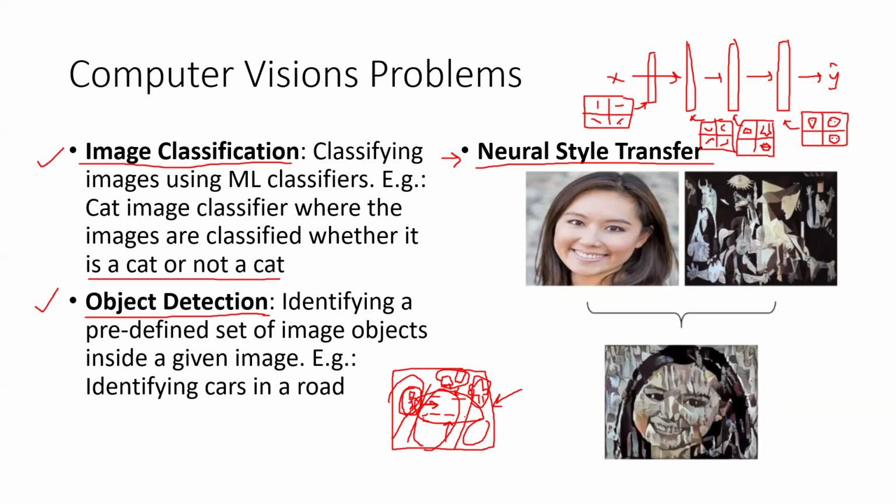So when you go deeper into the neural network, you start with the much more basic edges like the horizontal edges and vertical edges, and then by combining horizontal edges and vertical edges, you can construct somewhat complex objects like curves, right?